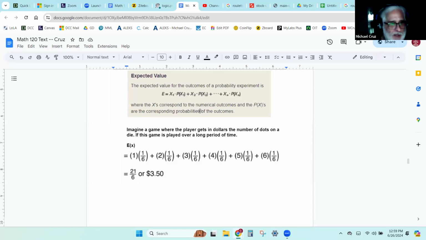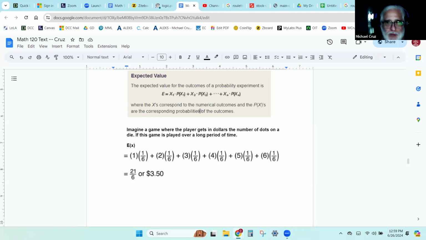Basically, what this means is, if we have an experiment of some type, a game, whatever, and we want to find the expected value, then we take the thing that we will receive, that's the x sub 1, times the probability of that happening.